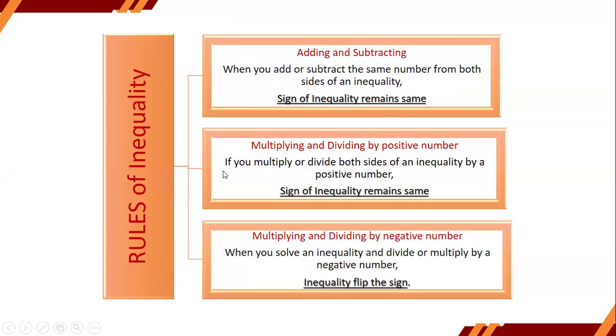Rule number 2, if you multiply or divide both sides of an inequality by a positive number, the sign of inequality remains the same. Rule number 3, when you multiply or divide an inequality by a negative number, the inequality sign flips.